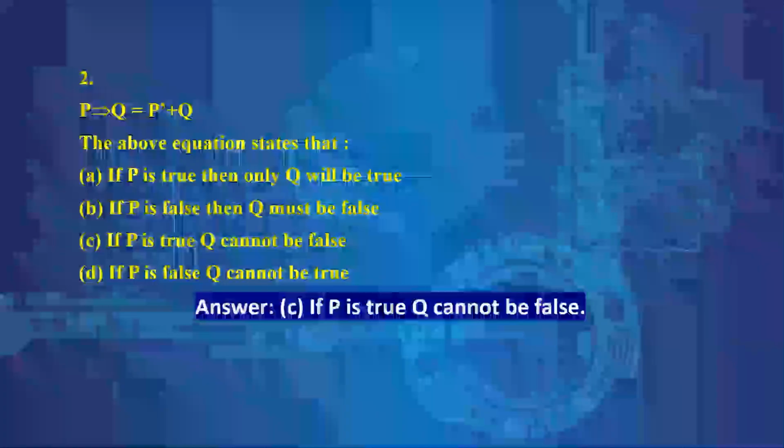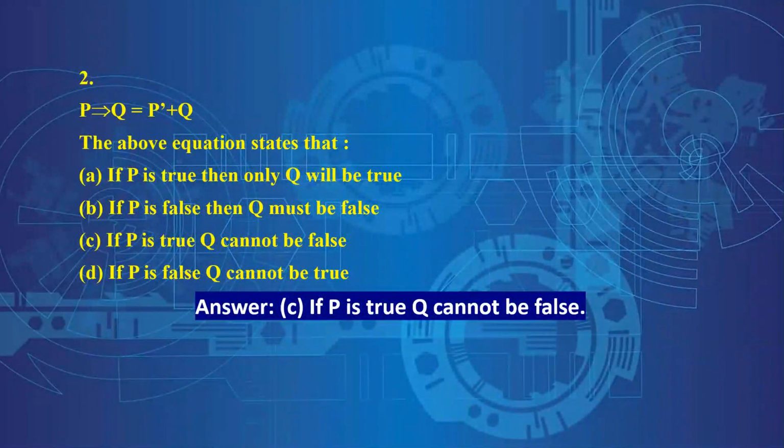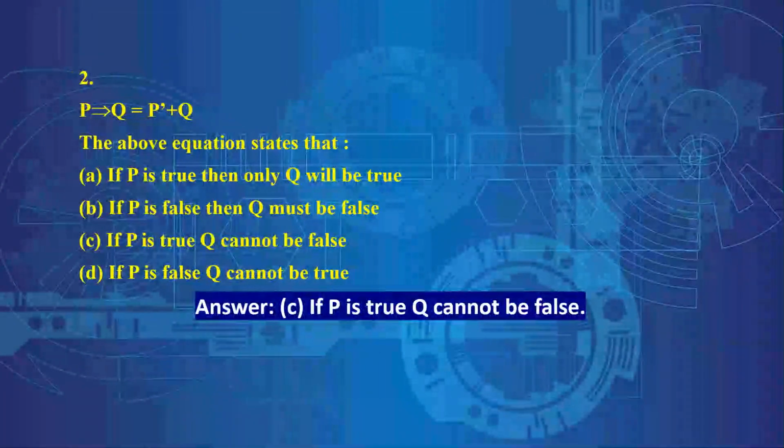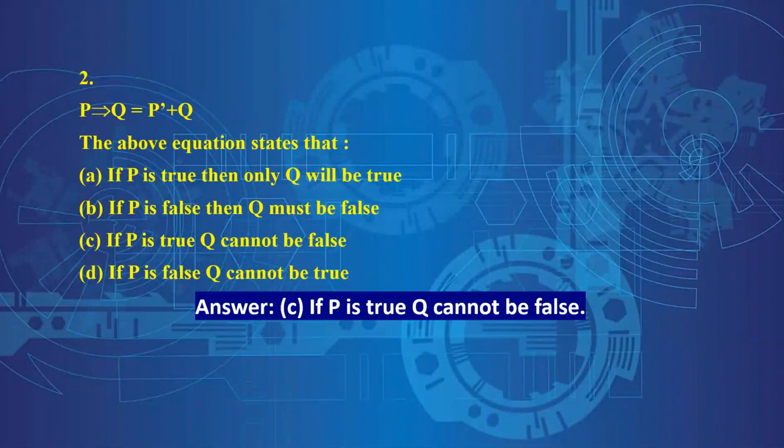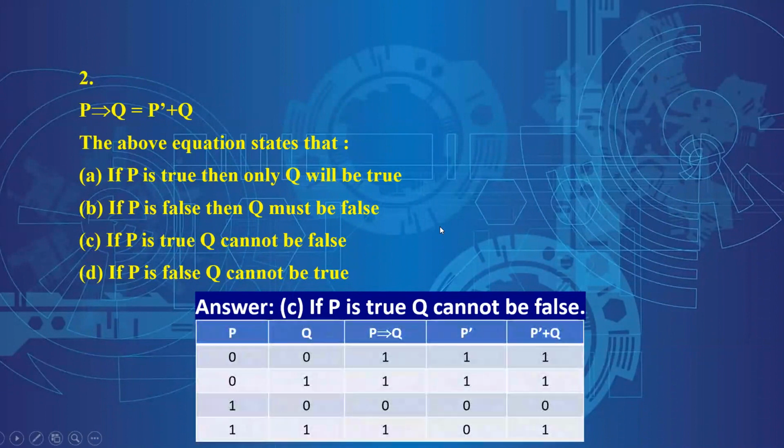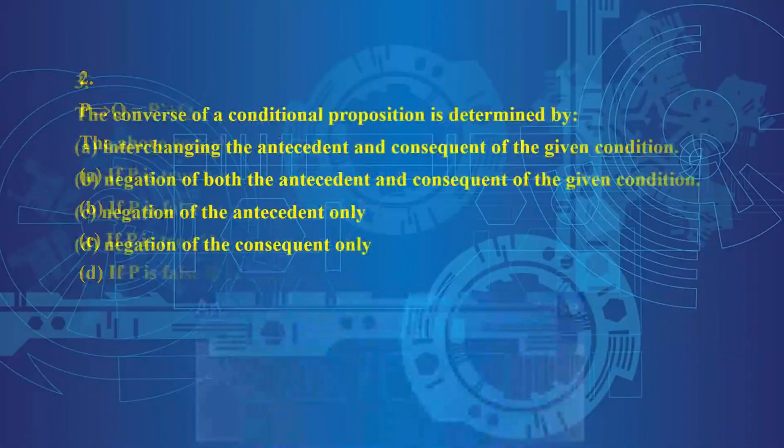At the same time, if P is false and Q is true, the output will also be true. But if P is true and Q is false, the output comes to false. So you can see the truth table over here. So it implies both the parts are satisfied. Let's move to the next question.